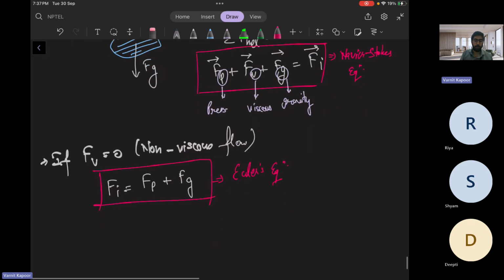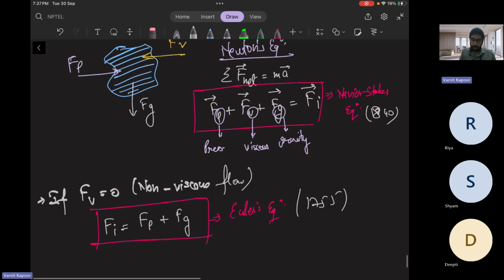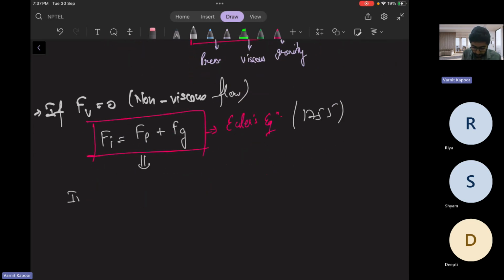Euler's equation was derived, I guess, in 1755, and Navier-Stokes came up in 1840. If you do the integral form of Euler's equation, you will get the energy equation, which is nothing but Bernoulli's equation.